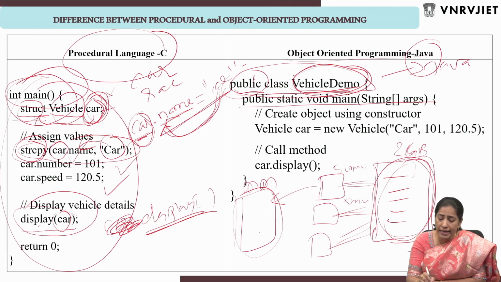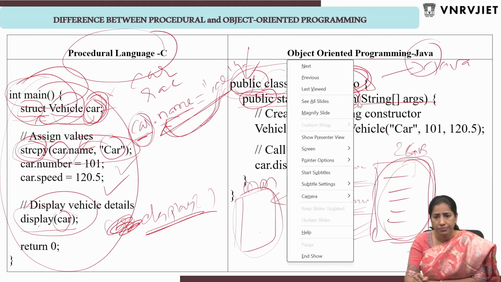Because when you create a class with the access specifier public, that means any part of the system can access this. Now, any part of the system means the system has to execute main, right? So when the system has to execute main, it has to access that. It can access the other parts of the system when it is public. That's why we write the main method also here.